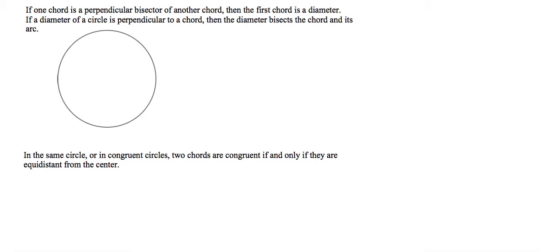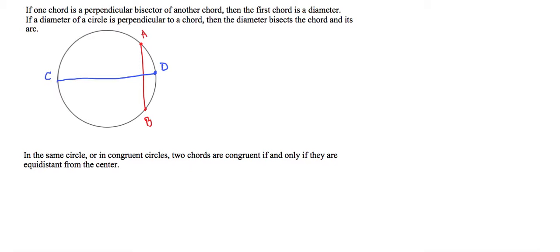If one chord is a perpendicular bisector of another chord, so that means there's two chords involved here. So let's say I have a chord AB, so A to B. And then I have another chord that is a perpendicular bisector of the first chord, so CD.